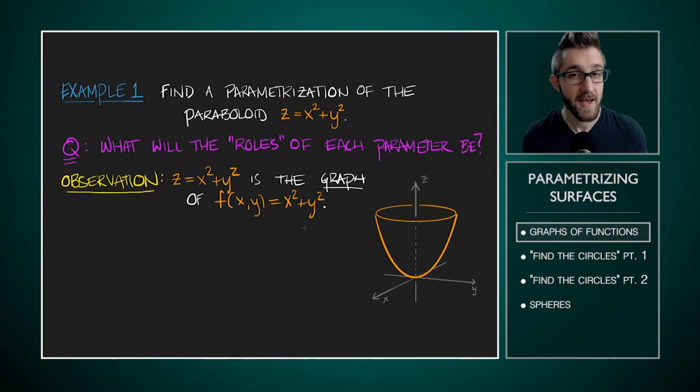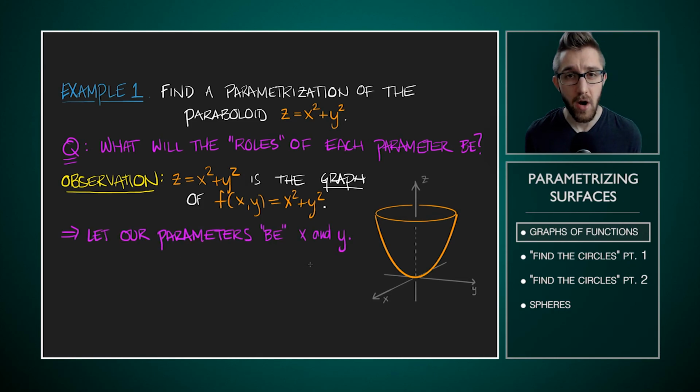And this was sort of like that example we had for parametrizing curves, where we were able to solve for two of the variables in terms of a third, and we let that third variable be the parameter. Well, now for parametrized surfaces, we want to find two parameters. And actually, this observation kind of gets us there, because we have two variables, x and y, and if we know what x is and we know what y is, then we know what z needs to be. So let's let x and y be our parameters.